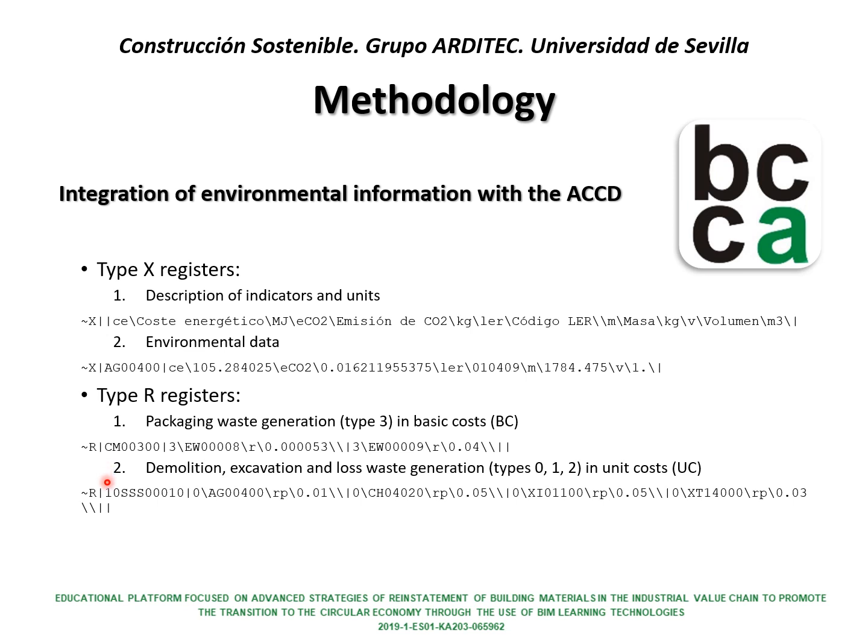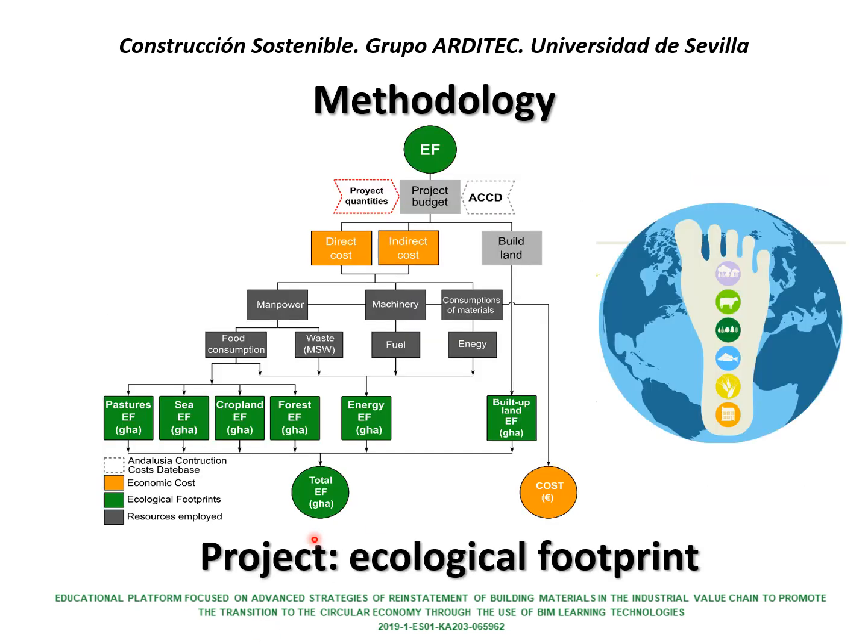Well, then, if we have for every single element in our database their environmental and cost impacts, we can put together everything into the assessment of a project. So then, starting from the information that we normally have in our construction projects, that's the project budget. Then there we also have project quantities and the construction cost database.